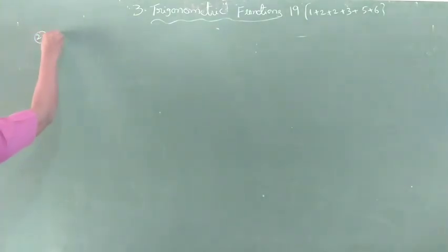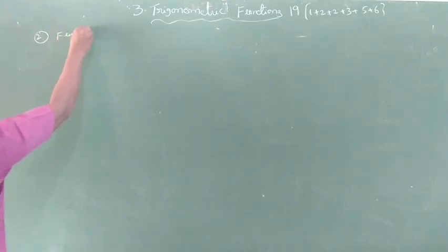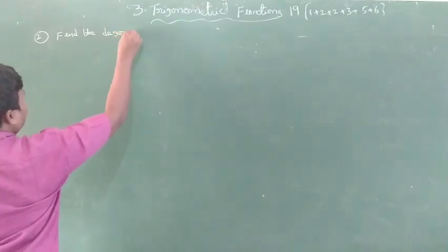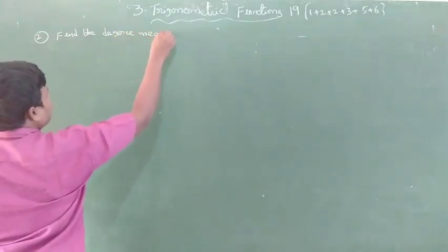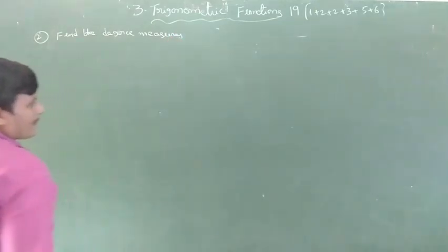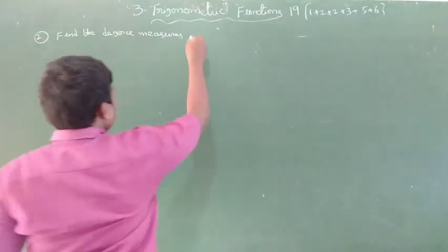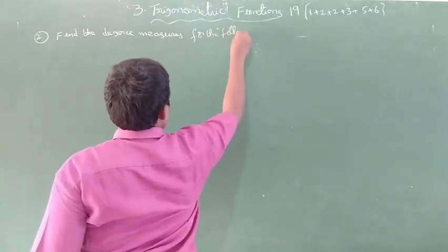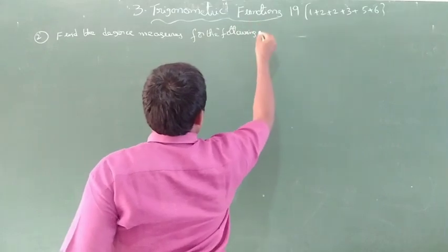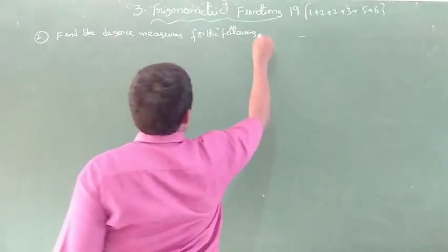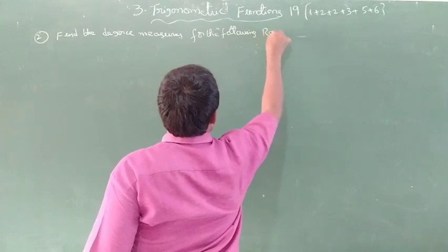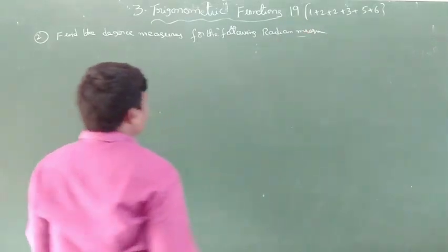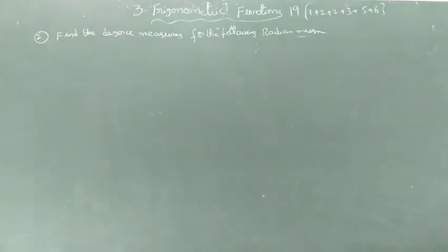Second problem. Find the degree measures for the following radian measures.